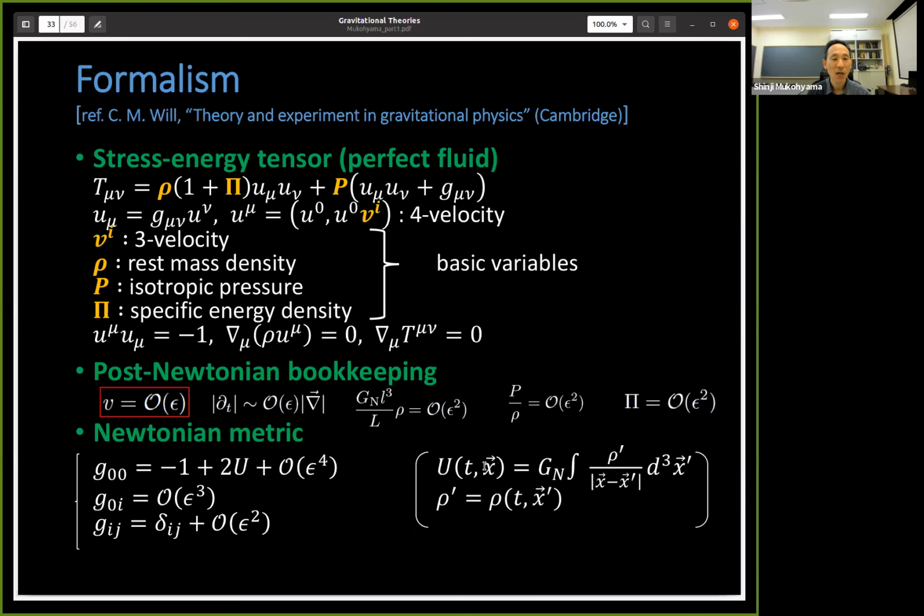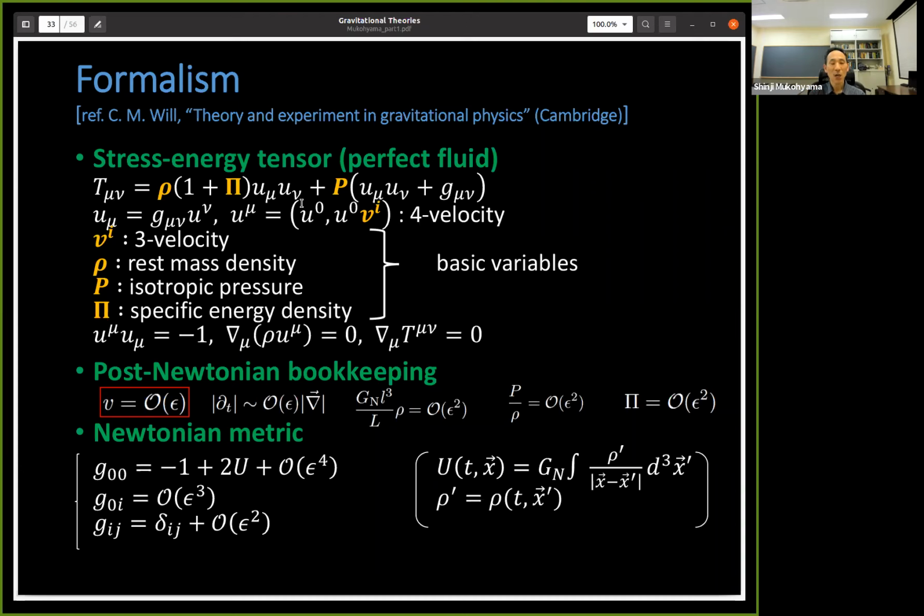The formalism is as follows. We start with the stress-energy tensor. We consider gravity produced by matter, of course, and the matter in this formalism is usually considered as a perfect fluid. A perfect fluid is represented by a stress-energy tensor which is isotropic in its rest frame.